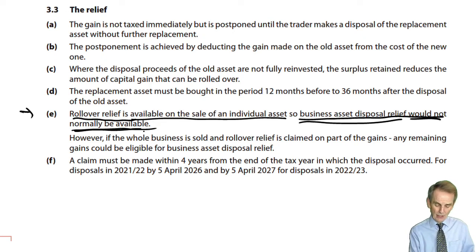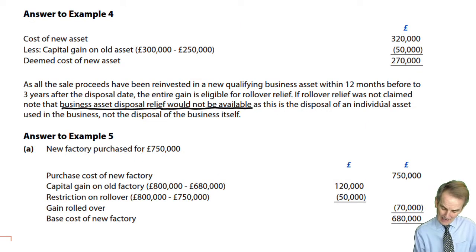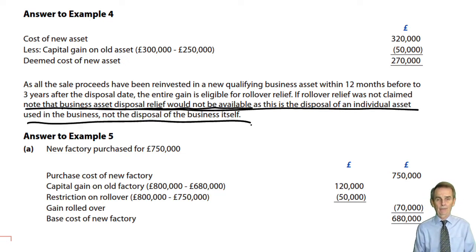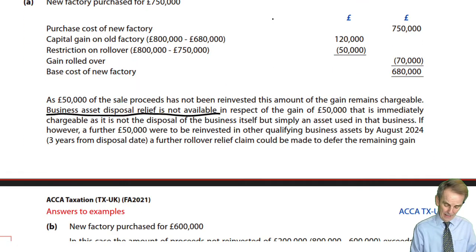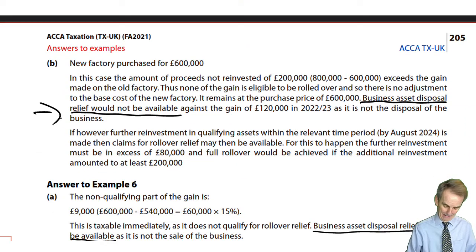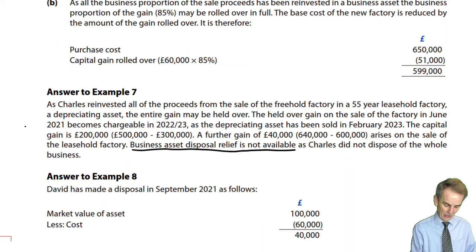So in examples 4 to 7, we again see the note that business asset disposal relief would not be available, as this is the disposal of an individual asset used in the business, not the disposal of the business itself. And that particular note is repeated again and again throughout these examples.